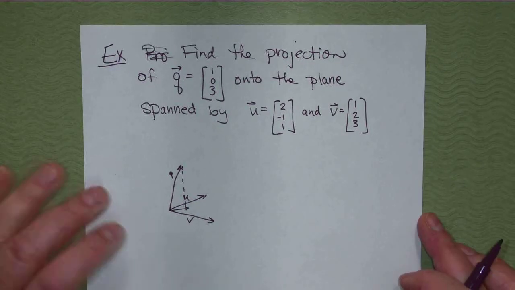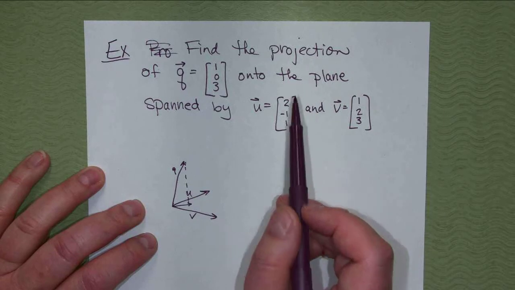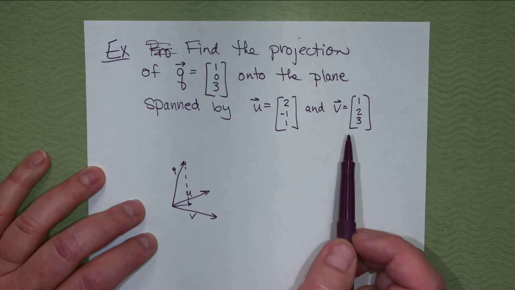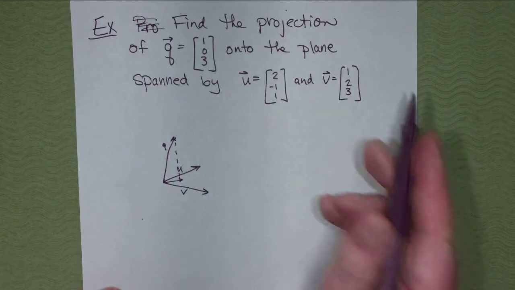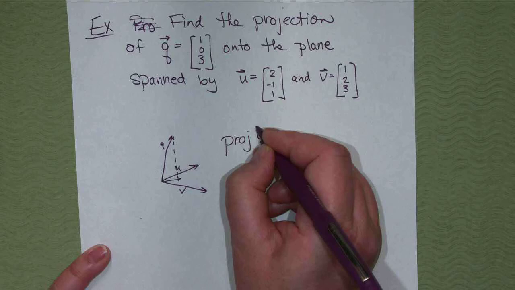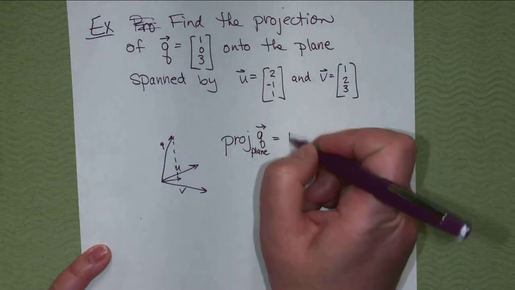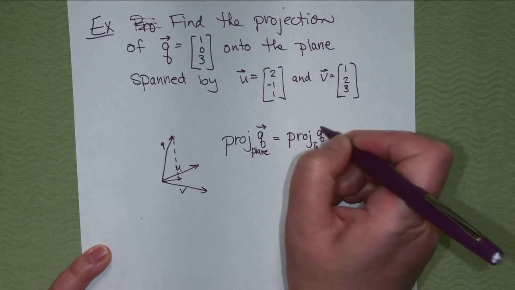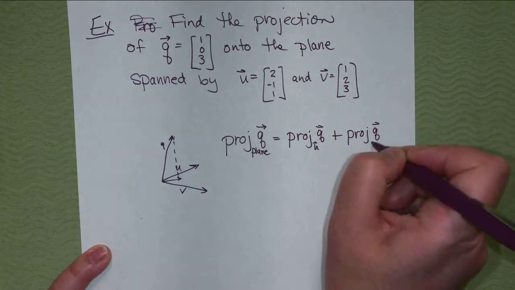So how we do that is that you don't need to go and find the complicated way would be to find the standard form of the plane, get the normal, project onto the normal, and then subtract them. So you don't need to do any of that. It turns out that the projection of any vector onto a plane, that you know some vectors in the plane, is the projection of Q onto one of the vectors plus the projection of Q onto the other vector.